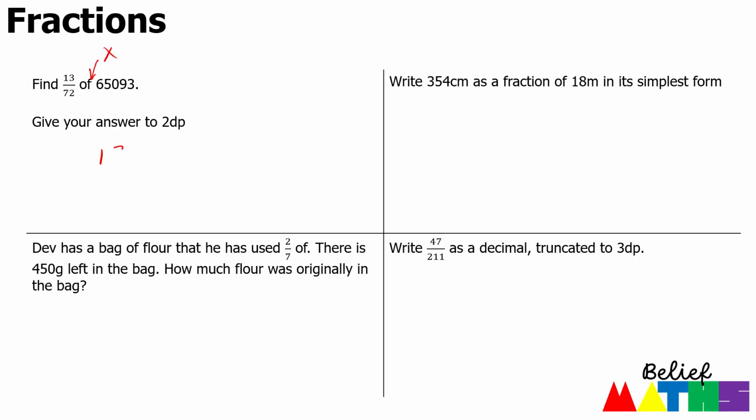So on our calculator we can just write 13 over 72 multiplied by 65,093, and that gives us an answer of 11,752.90278. And then it wants our answer to 2 decimal places. So again, even though it's a 0, 90, and that's us finished.